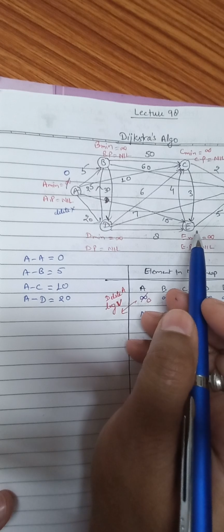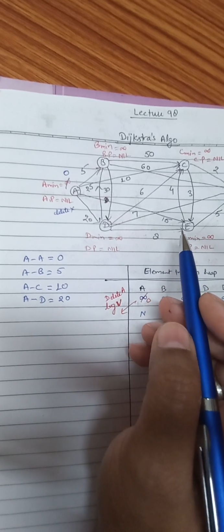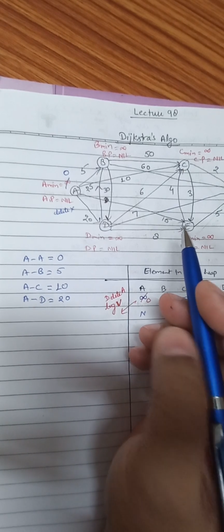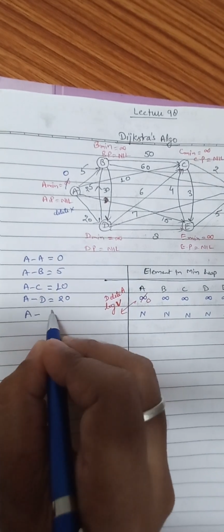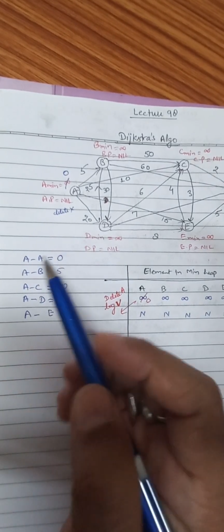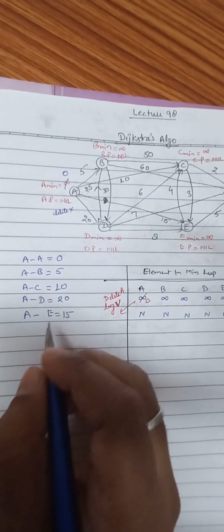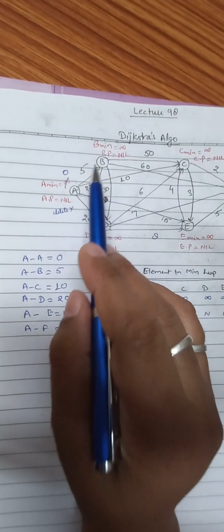13. It's missing over here, I have not written its value over here. Okay, we will see here. A to E is not 13, sorry, it's 15. A to E is 15, and A to F is what?